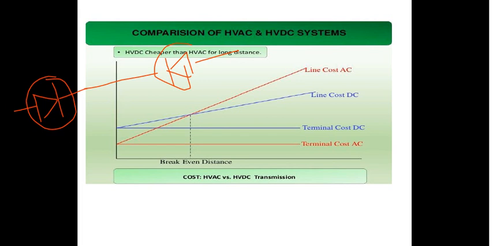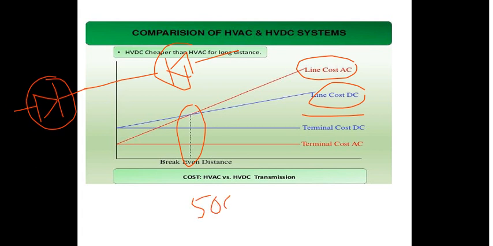Therefore, looking at the line cost of DC and AC, there is a break-even distance over which your DC system appears to be more beneficial economically compared to the AC system. Generally, this break-even distance may be somewhere around 500 kilometers as per the thumb rules or the experimental values we have considered from various case studies.